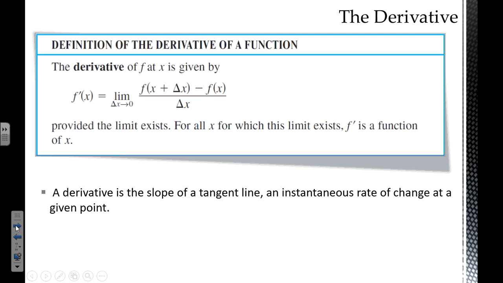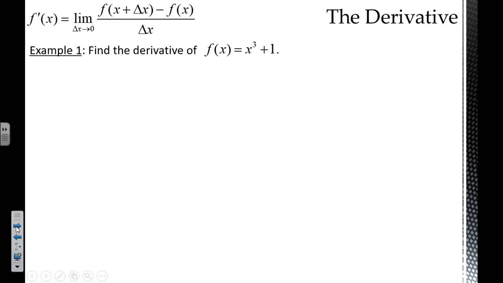Okay, so what I'd like to do first is go through an example of finding the derivative. We're going to go through the difference quotient limit, right? And then I want to talk about what that means graphically as far as our equation goes. So what I want to start with is the equation f of x equals x cubed plus 1.